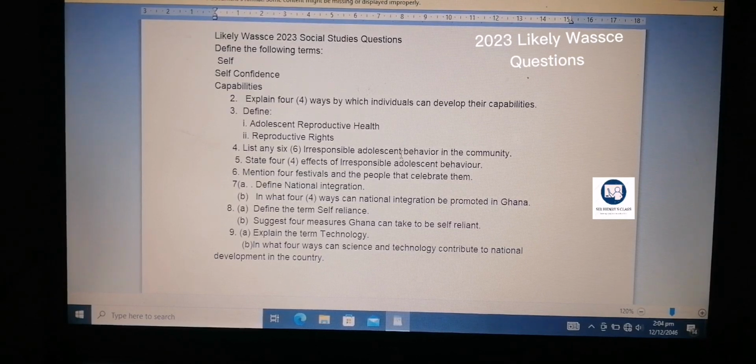You can also talk about neglect by parents and the society. People who actively engage in irresponsible adolescent behaviors such as smoking, drug abuse, and the like are mostly rejected and secluded from the society, and this can also create further problems such as mental illness, death, or sometimes imprisonment.